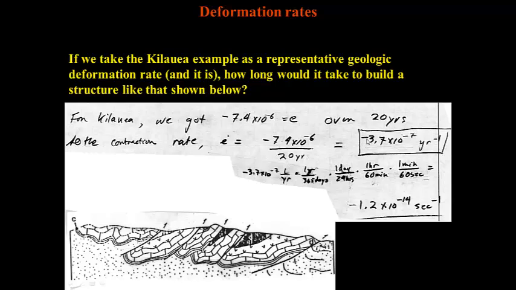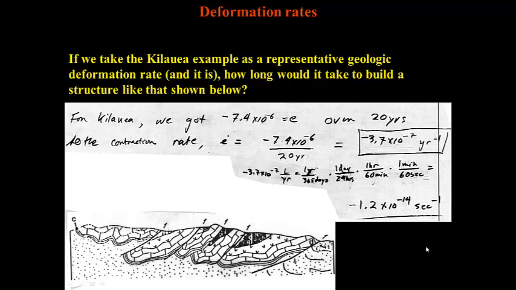In units of per year, we get minus 3.7 times 10 to the minus 7 as an elongation rate. And remember, elongation has no units because it's length over length. So the units here are just 1 over time. And it can also be minus 1.2 times 10 to the minus 14 per second.